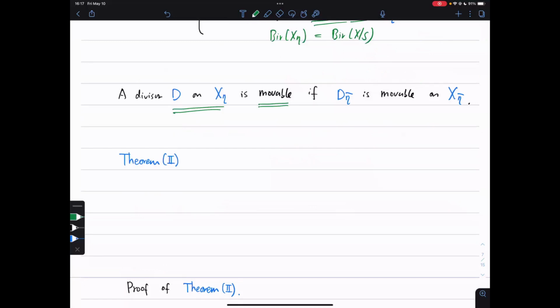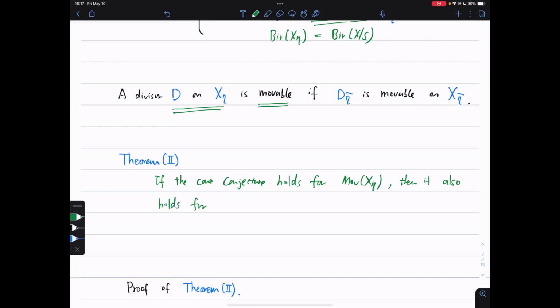Now we state the second theorem along this line. It says, if the cone conjecture holds for the generic fiber, for the movable cone of this generic fiber, then it also holds for the total space.